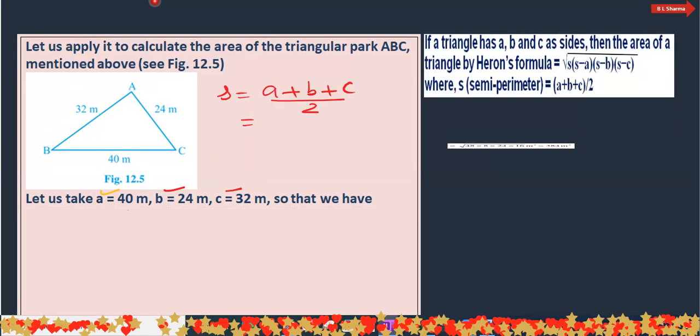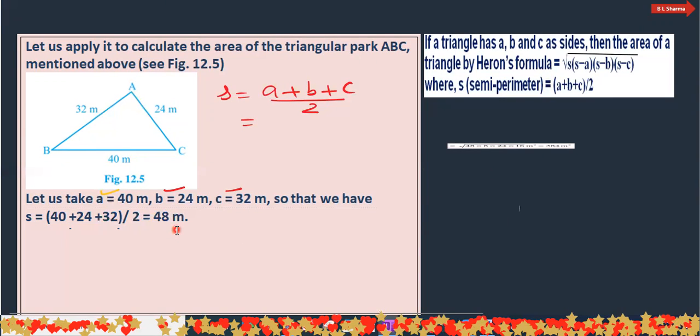So we can write 40 plus 24 plus 32 divided by 2, that is 96 divided by 2, that is 48 meter. So we have A is 40, B is 24, C is 32, and S is 48.